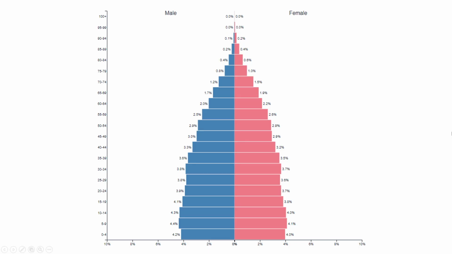So let's have a look at a typical population pyramid. So that's how it might look. The population pyramid is a graph which looks like a pyramid. Not always a perfect pyramid, but still.